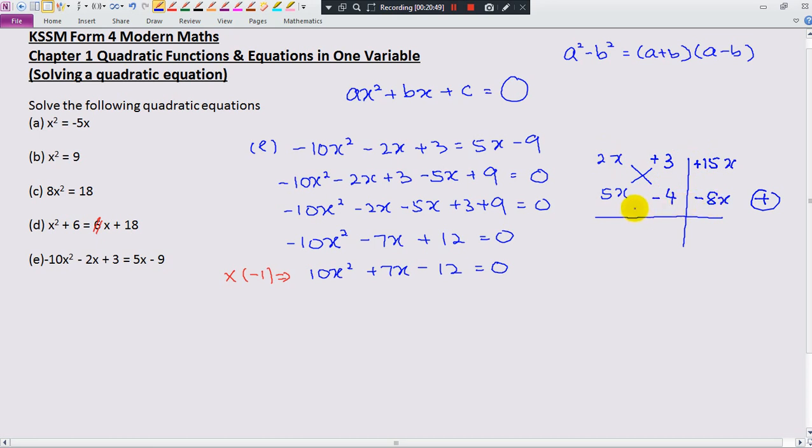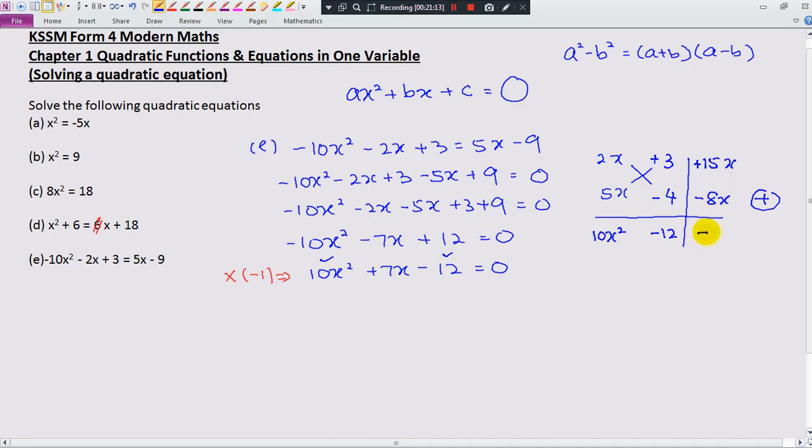Try to double check again. See this combination correct or not. 2x times 5x, you get 10x squared. Okay, so this is correct. Positive 3 times negative 4, you get negative 12. Okay, correct. This one is plus, not multiply. Okay, so plus 15x plus negative 8x.